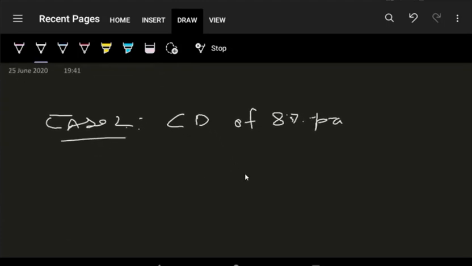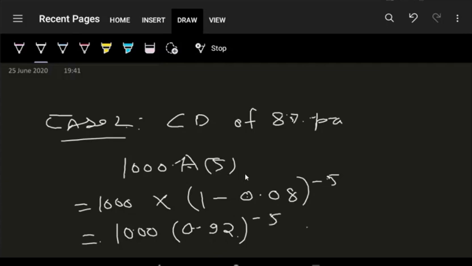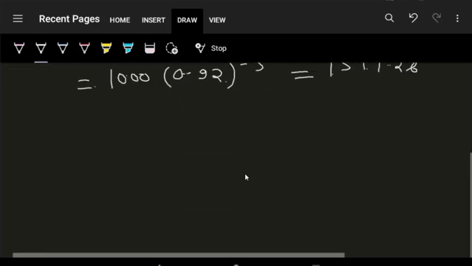In this case we will calculate A5 as 1000 into (1 minus 0.08) to the power minus 5, since it's a compound discount rate, so we have 1000 into 0.92 to the power minus 5. This will come out to be 1517.26.